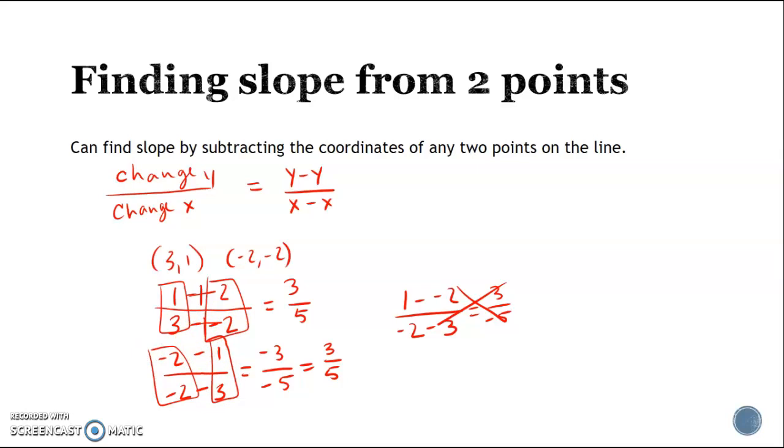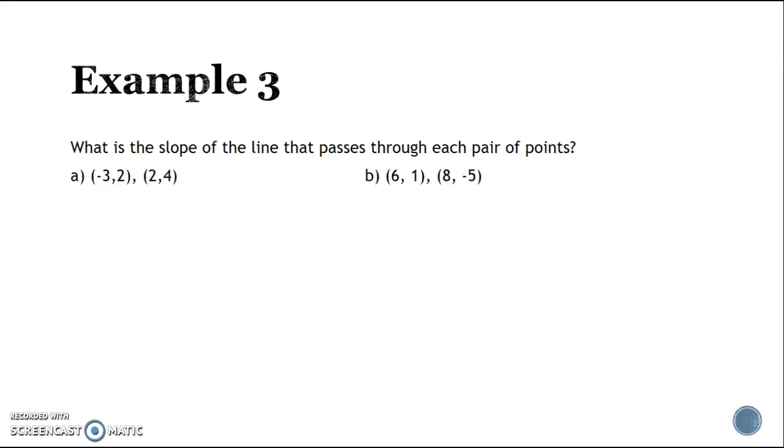So let's do our example. We have 2 of them. All right, so we start, if it helps, you can write it up at the top, y minus y over x minus x. So I'm going to start with 4 minus 2, y minus y, 4 minus 2 over, and then we're going to do x minus x.